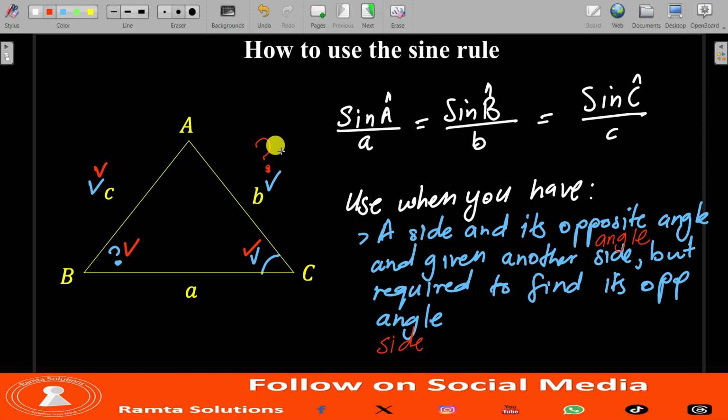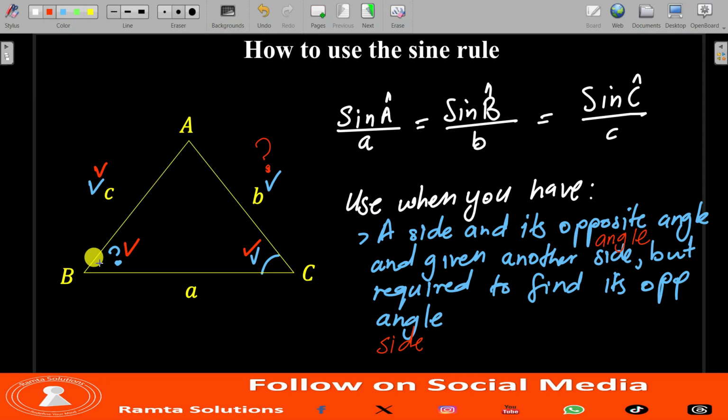So when you're given a side and its opposite angle and given another side, the question will be to determine the angle that is opposite that side. If you are given a side and its opposite angle, then given another angle, when the question asks you to find a side that is opposite that other angle, this is when you use sine rule.